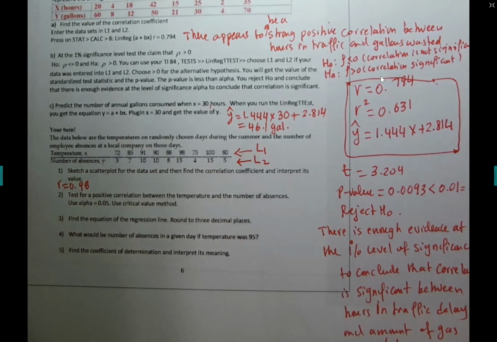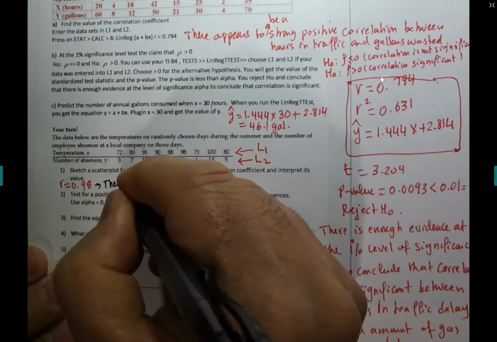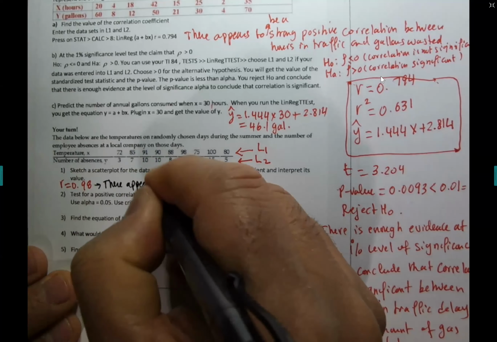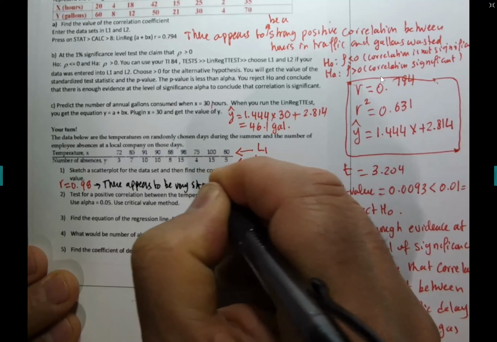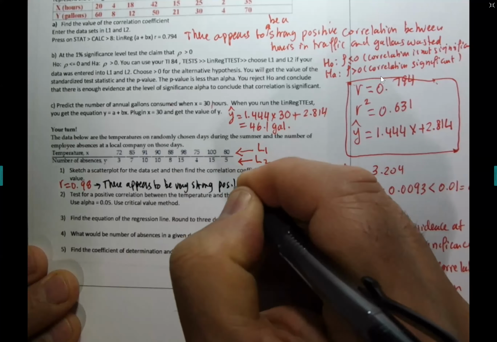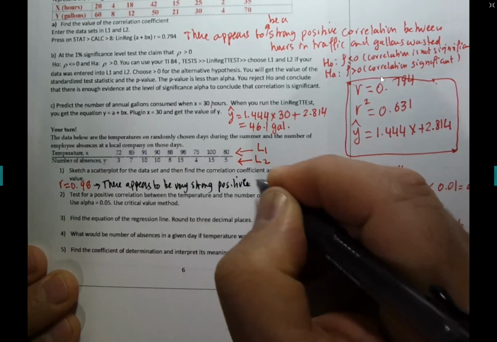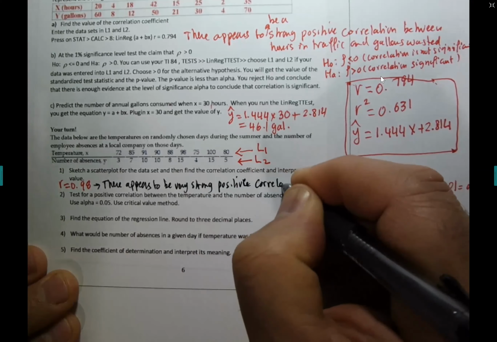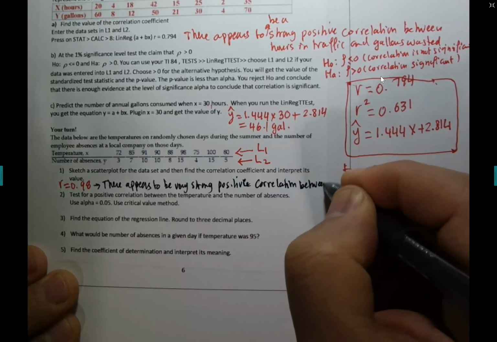And how do you interpret this? There's a strong positive correlation. Yeah, there appears to be very strong positive correlation between X and Y.